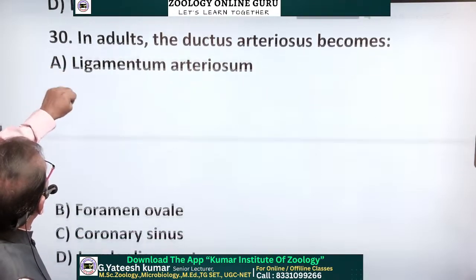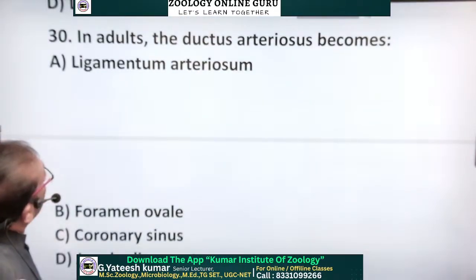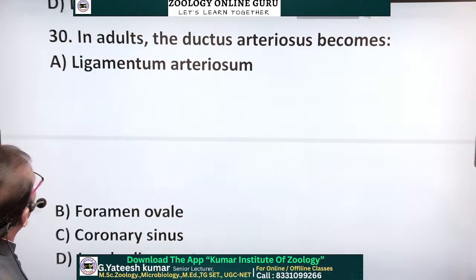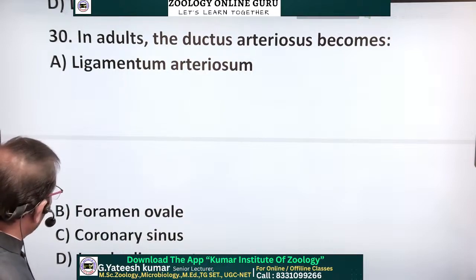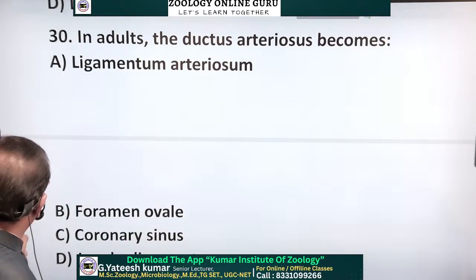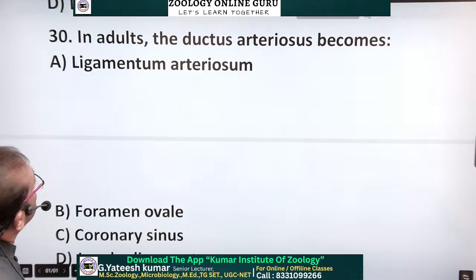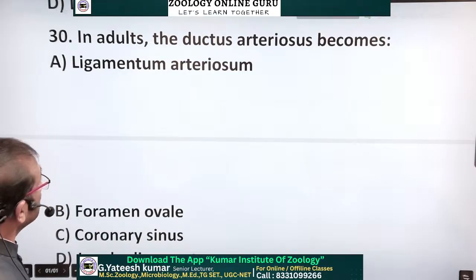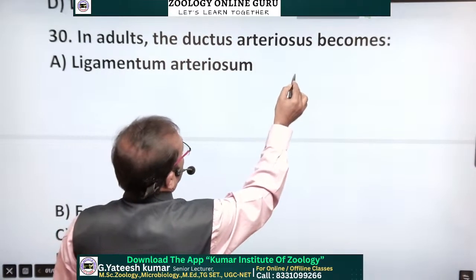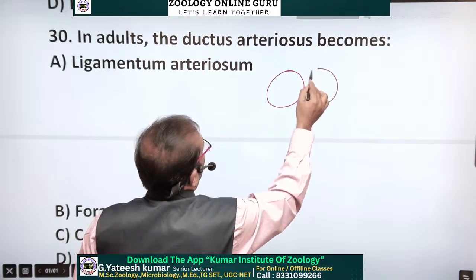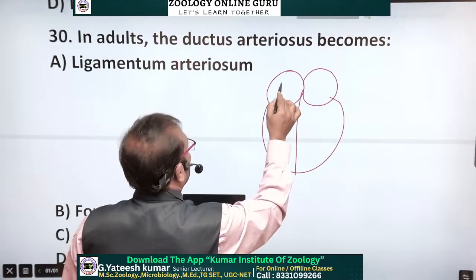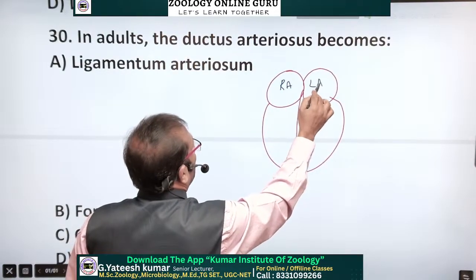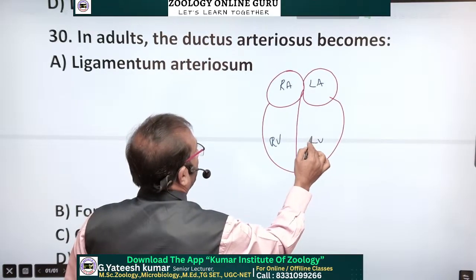Question number 30. In adults, the ductus arteriosus becomes: ligamentum arteriosum, foramen ovale, coronary sinus, jugular ligament. So what is this ductus arteriosus? Right atrium, left atrium, right ventricle, left ventricle.